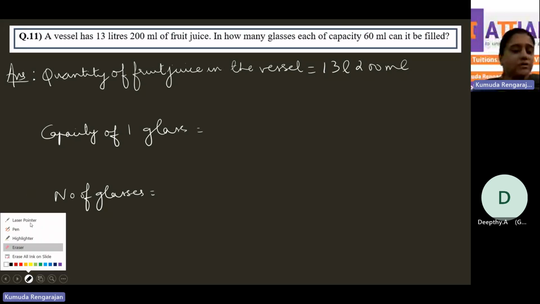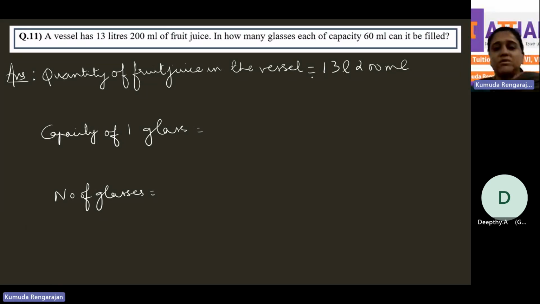So that is equal to 13 liters plus 200 ml. Is this correct? Now, what is 13 liters? 13 into 1000 ml plus 200 ml.